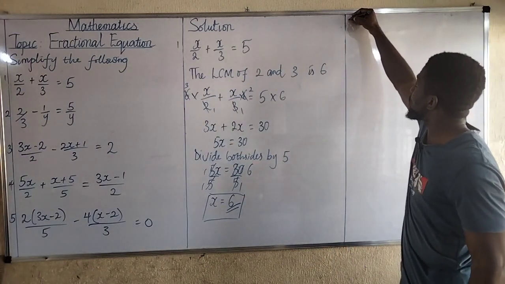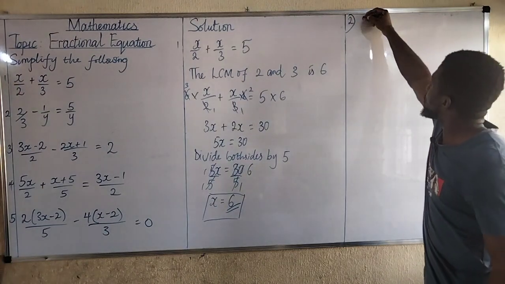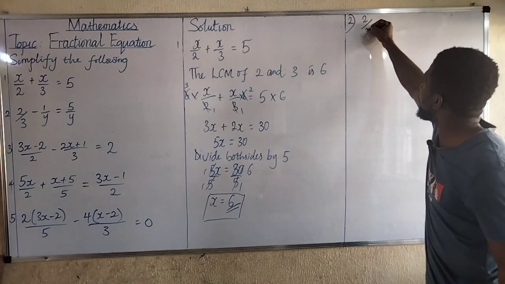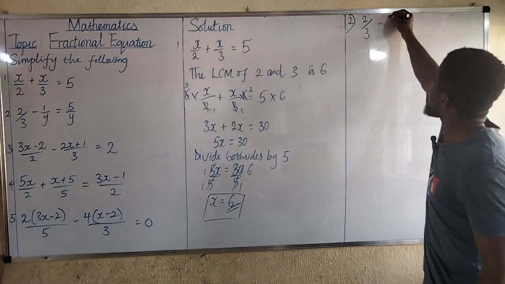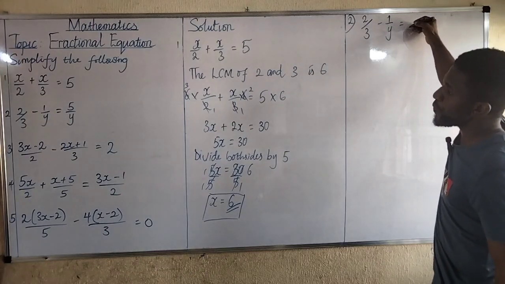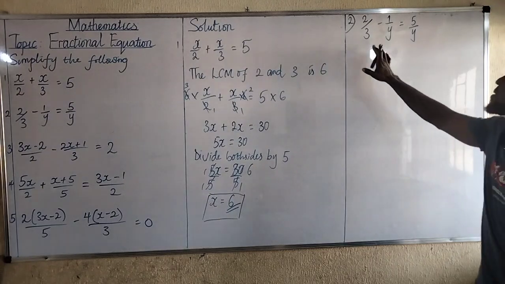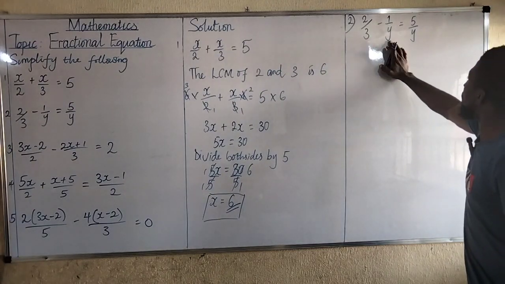We turn over to question 2. Question 2 says we should simplify 2 over 3 minus 1 over y equal to 5 over y. What is the LCM of 3 and y?